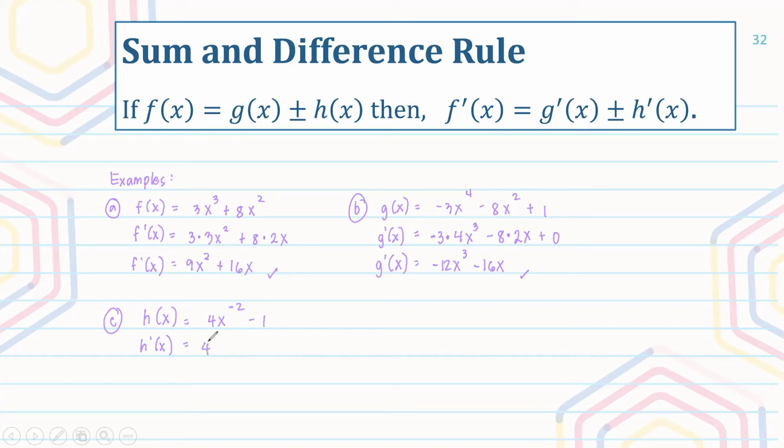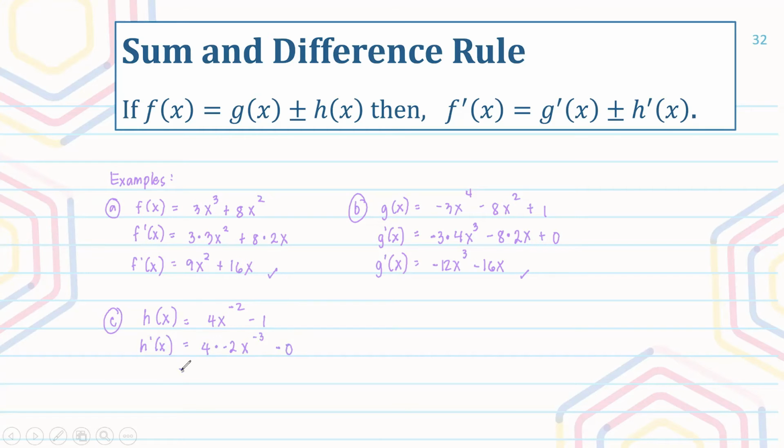You have 4 times the derivative of x raised to negative 2, so that is negative 2x, and then negative 2 minus 1 is negative 3, minus the derivative of 1, which is 0.